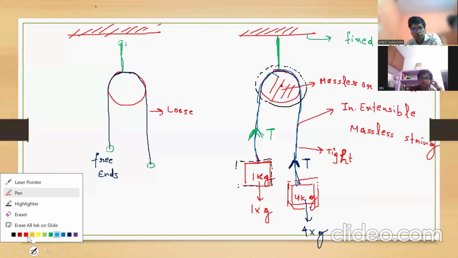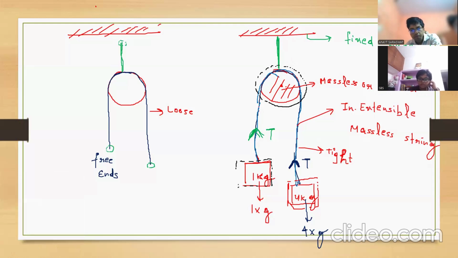It will be downwards. Very good. And it will be T only. Similar here. And one string is above. Let us suppose this is T dash, a different string I am taking. Clear?